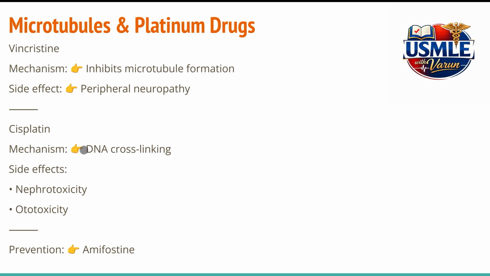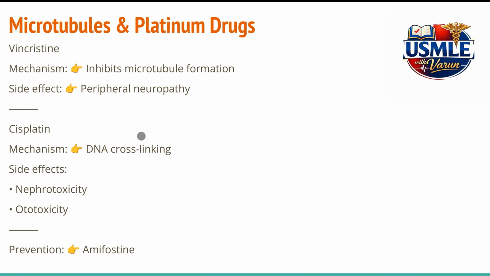Whereas cisplatin damages DNA and can harm the kidneys and ears, leading to nephrotoxicity and ototoxicity. So, to reduce toxicity, we use a protective agent alongside cisplatin. That's called amifostine. So, the key pattern is drug, mechanism, toxicity, and antidote.